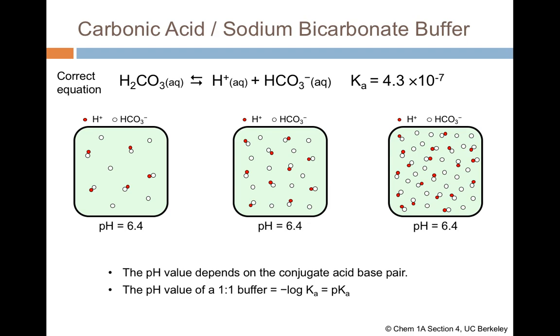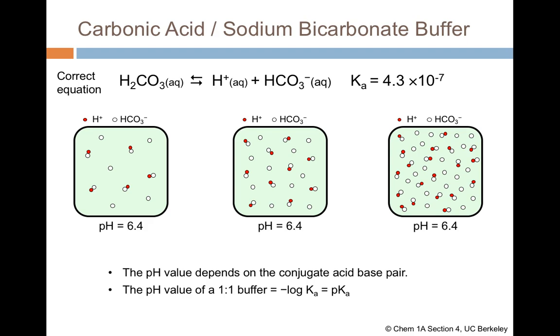And because carbonic acid has a different Ka value, the pH value that is exhibited by this conjugate acid-base pair is different. So we find that the pH value of these equimolar solutions depends on the conjugate acid and base pair that you use to make them.